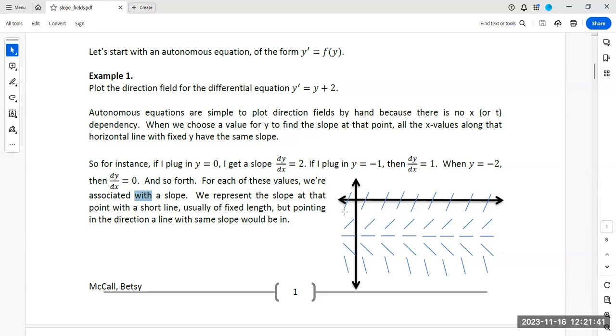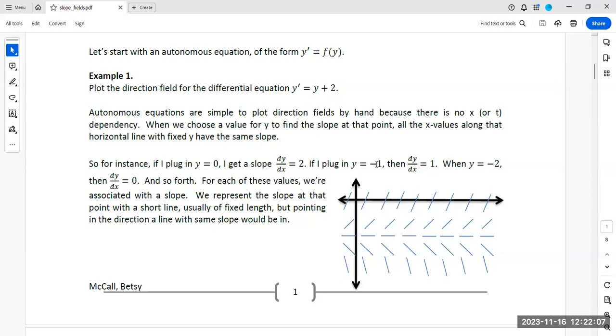So then I would attempt to plot on my graph for y equals 0 the equivalent of a slope equal to 2. Now, I'm really only concerned with essentially the direction. There's no length to this, so all I have to worry about is that it is going to be at a steeper angle than, let's say, y equals 1, for the slope equal to 1.